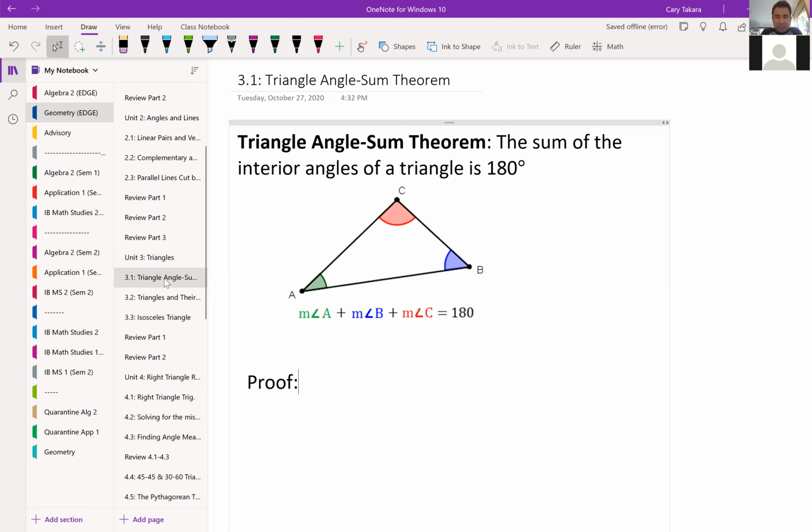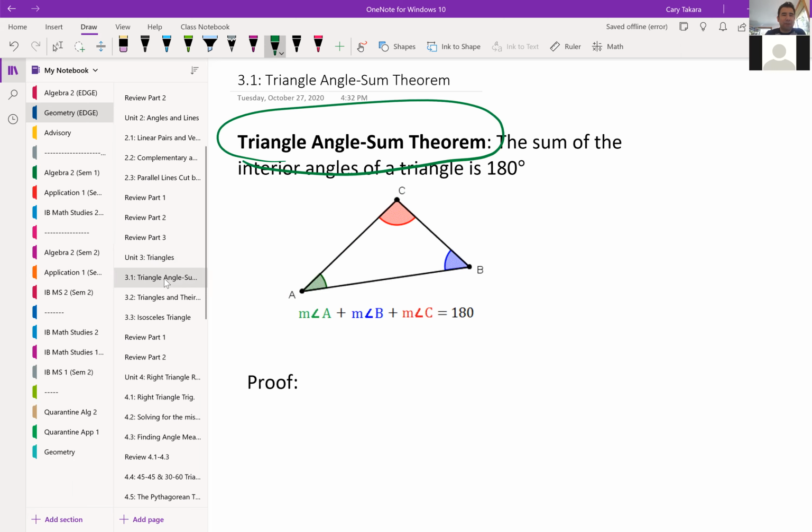So I would like you to write this down. Triangle angle sum theorem. First of all, the word theorem, that's a funny word, right? Theorem is a proven statement. It's the rule, mathematical rules that have been already proved to be true, okay?